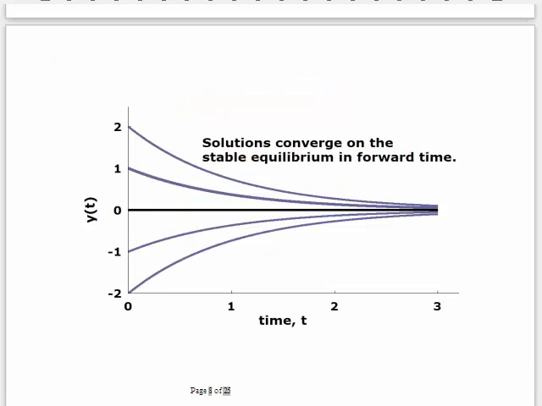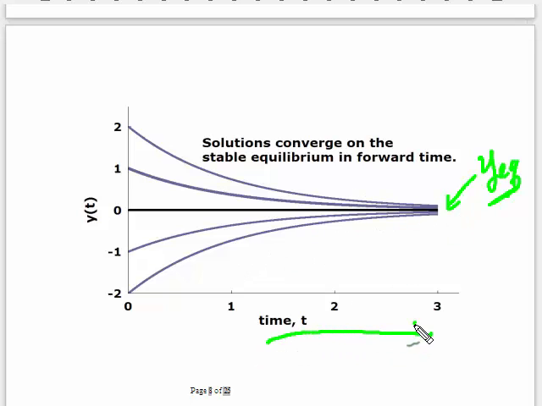I know we're talking about solutions of differential equations, and there's a characteristic way that these solutions look when they're stable or when they're unstable or semi-stable. This horizontal line here is the equilibrium value. If this equilibrium is stable, as shown here, then the solutions converge to it in forward time.